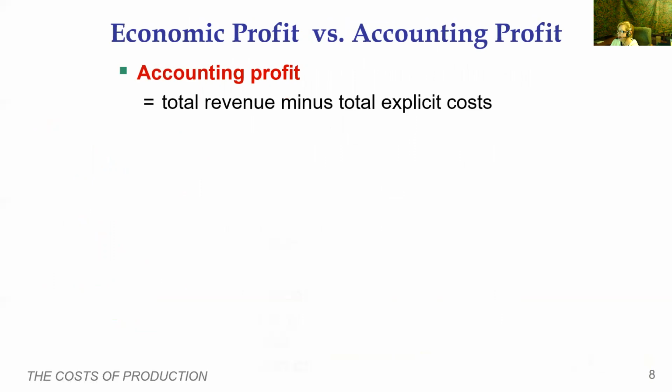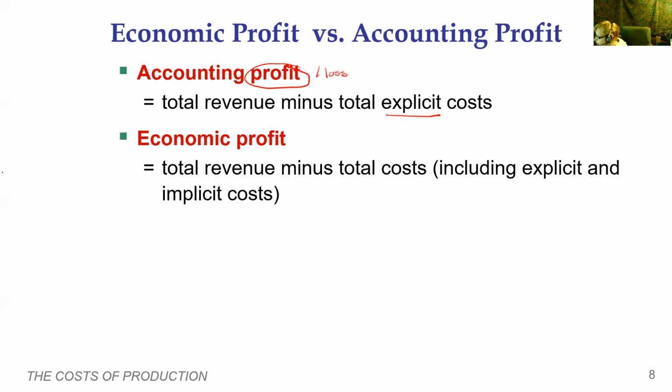Now, one thing that's important is, again, because accountants only look at explicit costs, they're going to be able to actually calculate a profit or perhaps a loss if we're not doing so well at that particular time. Economists, however, because we look at all costs, and this is the point that sometimes in later economic courses becomes difficult to measure, economic profit will always be equal to 0 because we're also looking at all of the opportunity costs or implicit costs that we could be doing with that money.